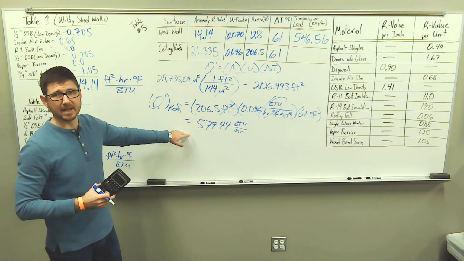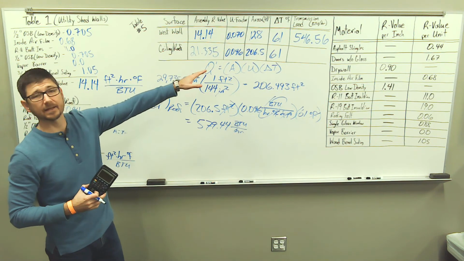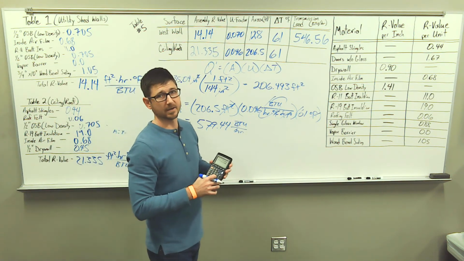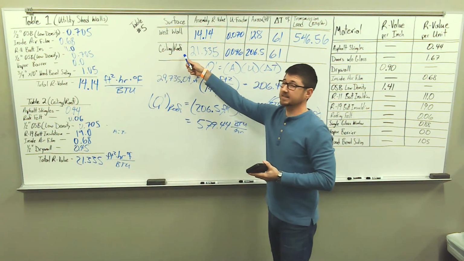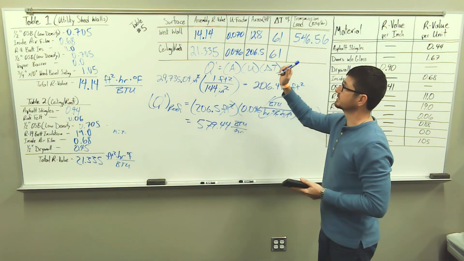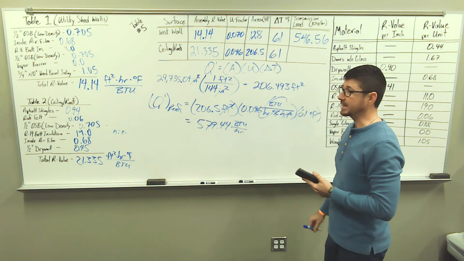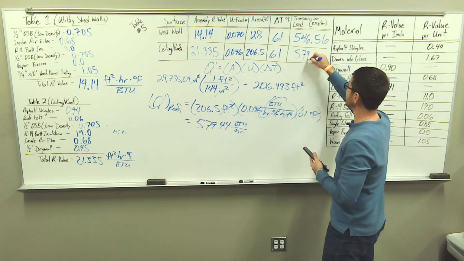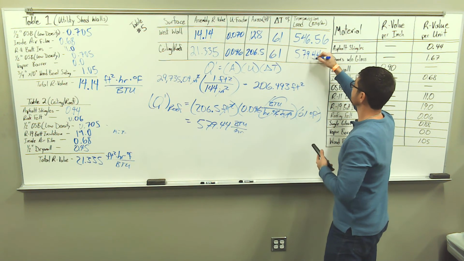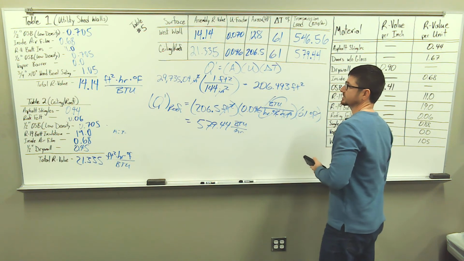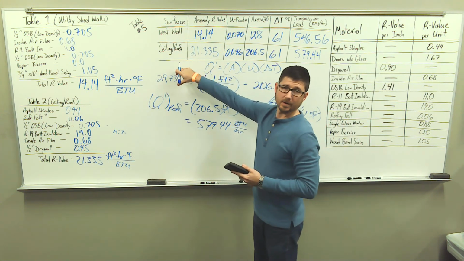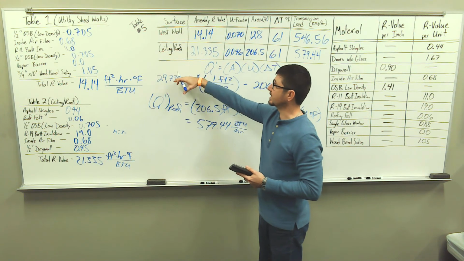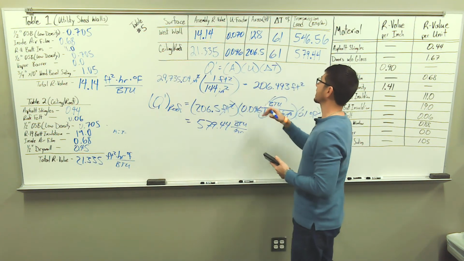So our calculated value for transmission load, let's write that on the ceiling roof row. This is table 5 and it's located on page 4. So 579.44.